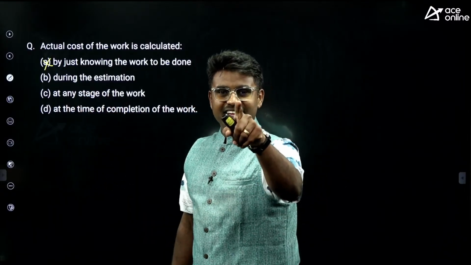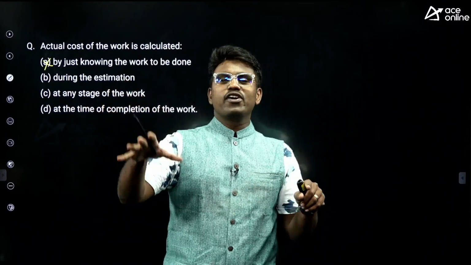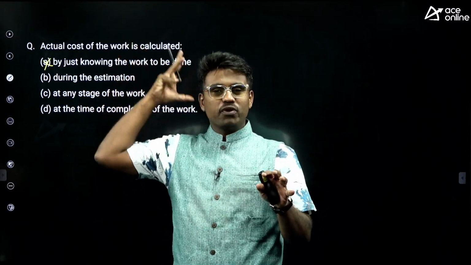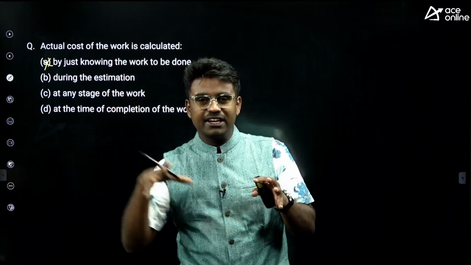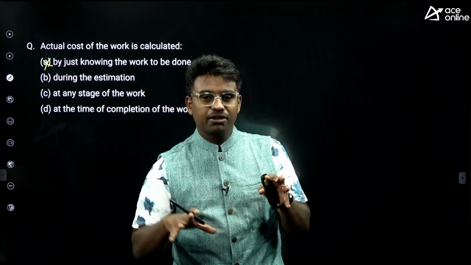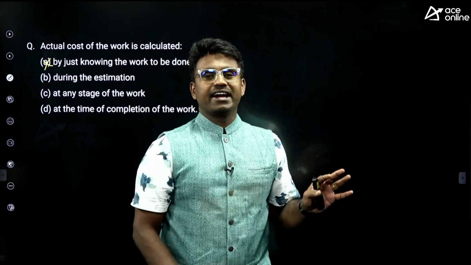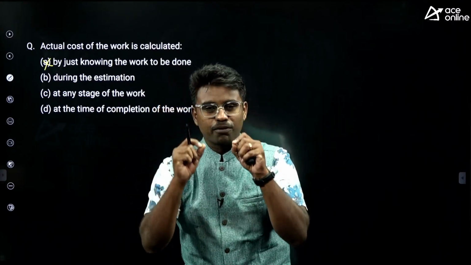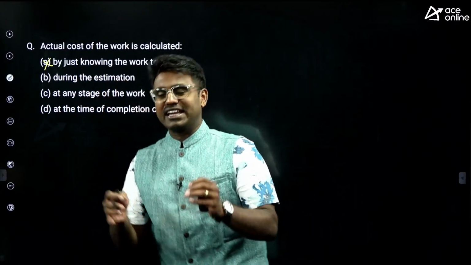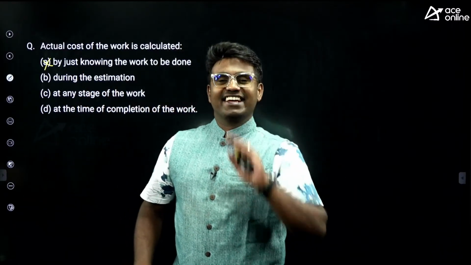Am I right or not? While work is going on, we still get new ideas by seeing somewhere else, and we include them in the project or the estimate. A new item of work is added. Till the end of the project we keep adding things, and the estimate keeps increasing or decreasing.